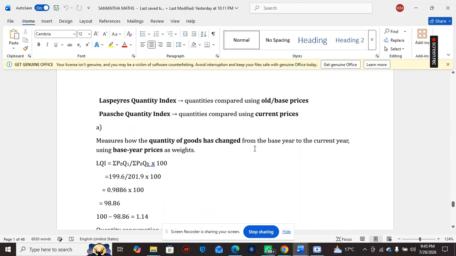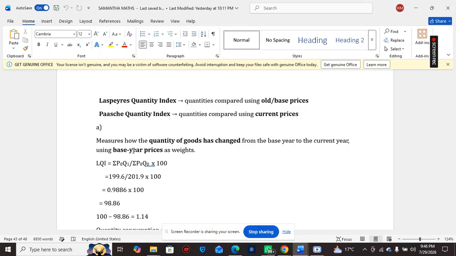So Laspeyres quantity index measures how the quantity of goods has changed from the base year to the current year, using base year prices as weights. So with this quantity index, we're measuring the quantity of goods to see how it has changed. Are people buying more of these goods? Are people buying less of these goods?